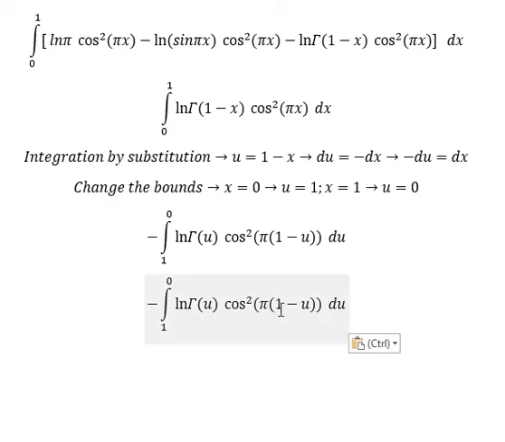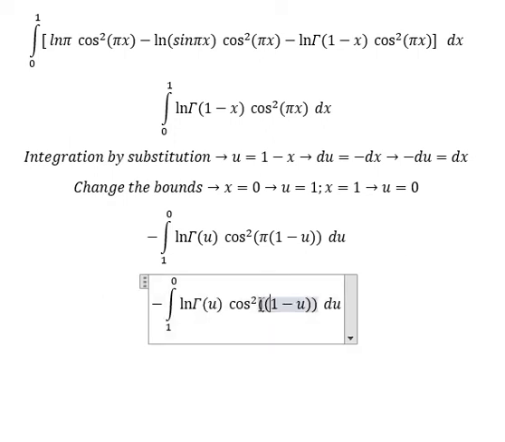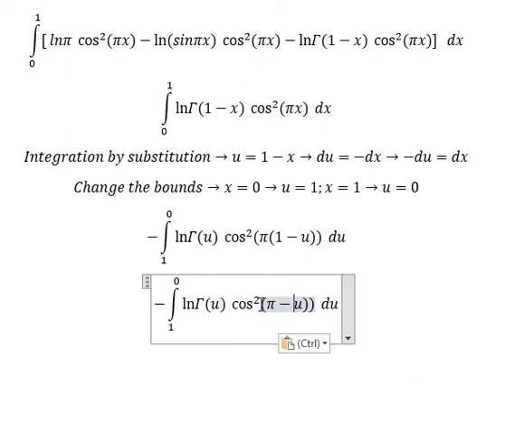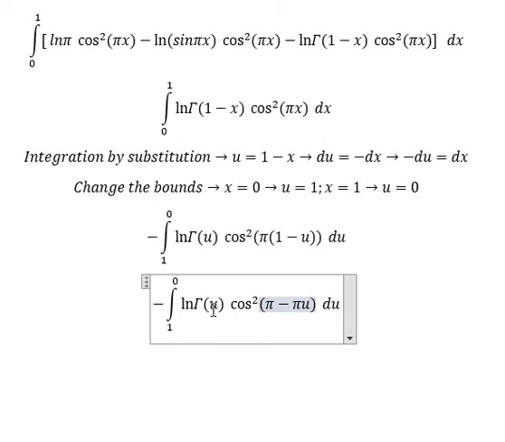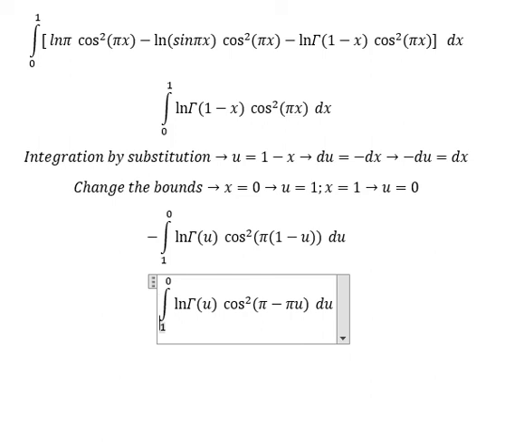So b multiplied by 1 and u. We have negative in here, so we can swap the top and the bottom together. So we have the integration from number 0 to number 1.